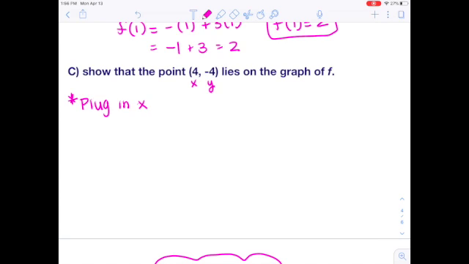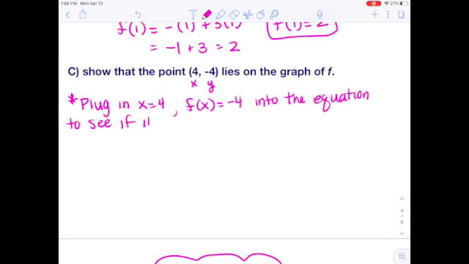So plug in x is equal to 4, and then plug in f of x, which is our y value, equal to negative 4 into the equation to see if it's true. So if it's true, that point lies on the graph. If it's untrue, then the point does not lie on the graph.